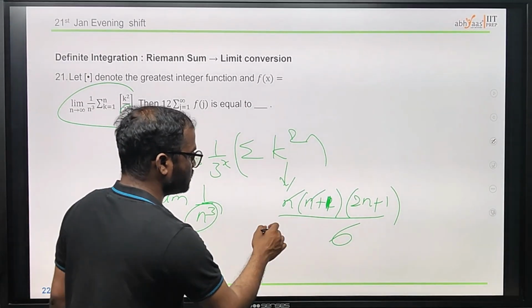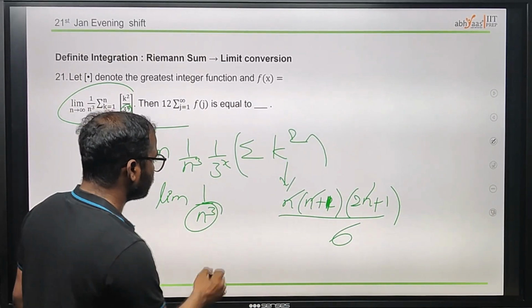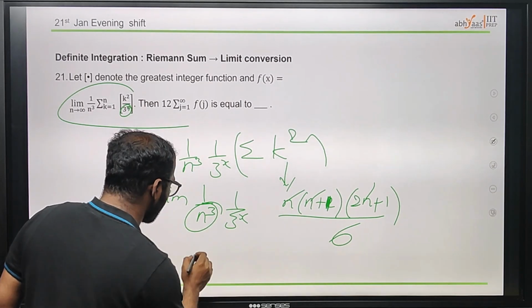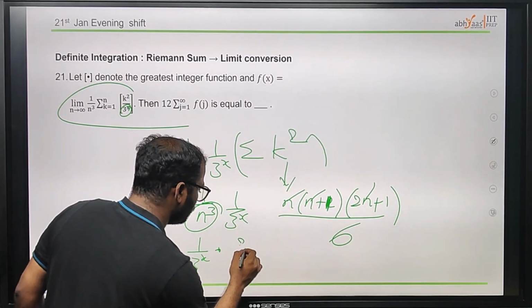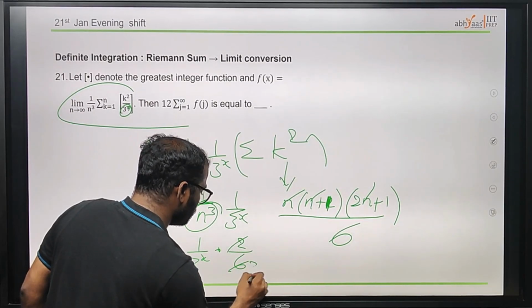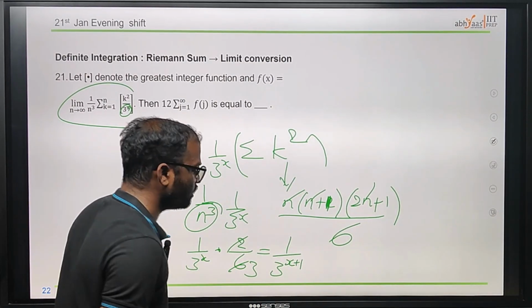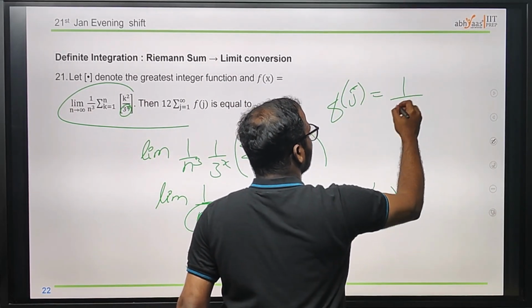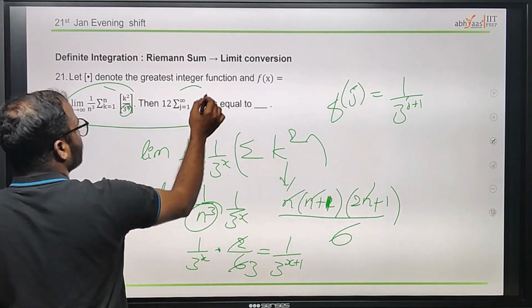After cancelling that, we have 1 by 3x into 2 by 6. This will be our 1 by 3x plus 1. Therefore f of j will be 1 by 3j plus 1. We got the function here.